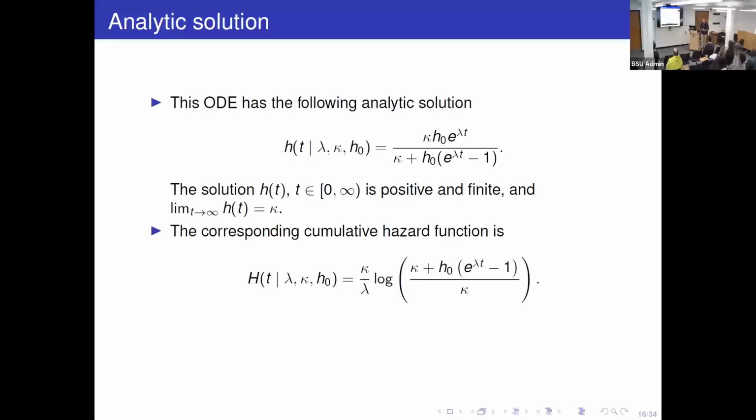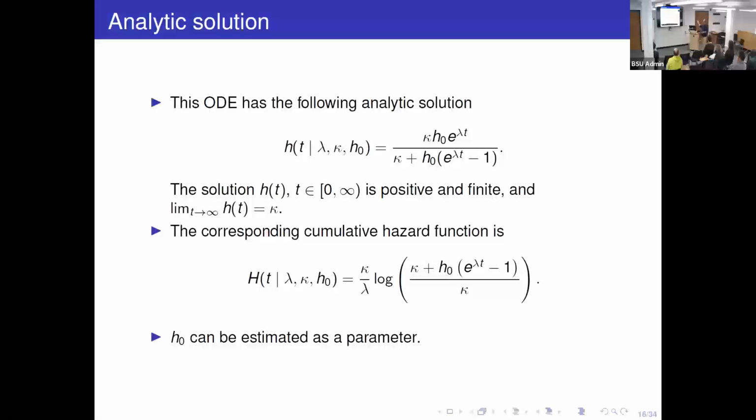Another nice thing is that the cumulative hazard function is also available in closed form. And the initial conditions can be estimated as a parameter as well. In the first example in the manuscript, we estimate the initial conditions, but of course, you can think about setting the initial conditions otherwise, which is what I'm going to do in the second example.